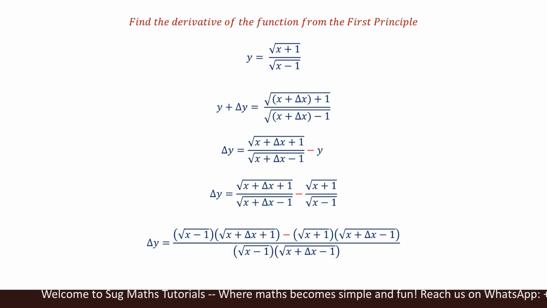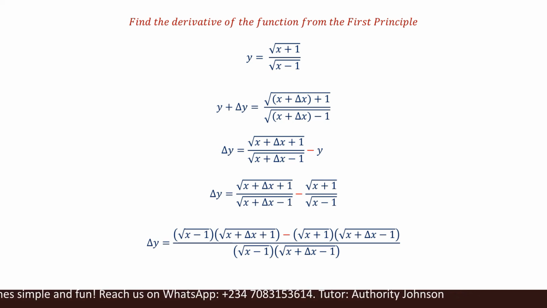Good. Now, when we combine these two together, we are going to have change in y is equal to square root of x minus 1 in bracket square root of x plus change in x plus 1 in bracket minus square root of x plus 1 in bracket times square root of x plus change in x minus 1. So when we combine these two fractions together, this is what we are going to have.